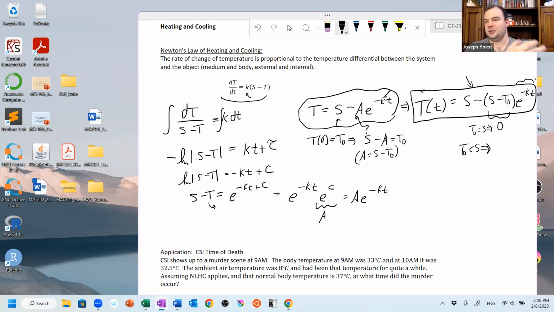So initial temperature being bigger than S, but then this positivity effect would decay over time to 0, and I'd approach system temperature. So I see that over time, this contribution decays to 0, even if my initial temperature is not equal to the system temperature. So over time, my item that I'm studying approaches the system temperature.